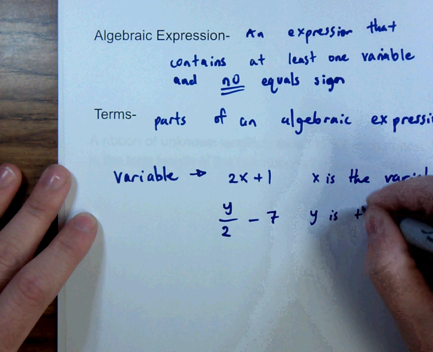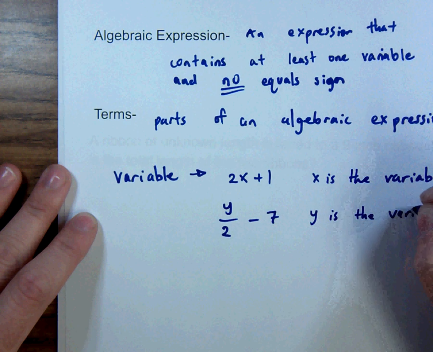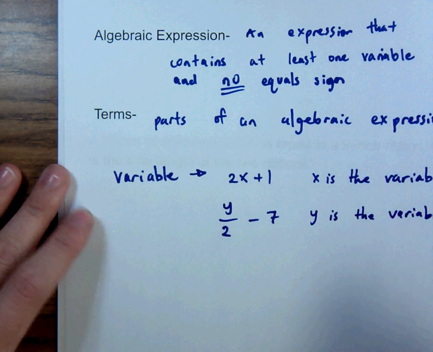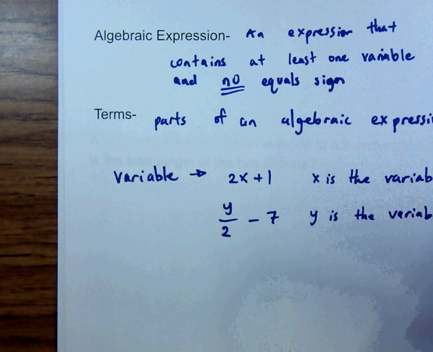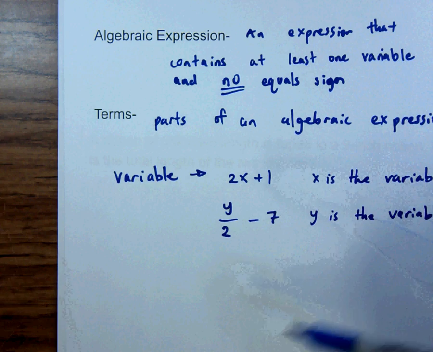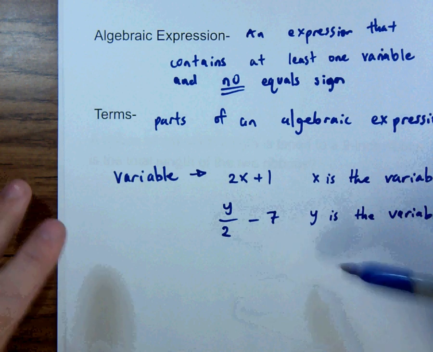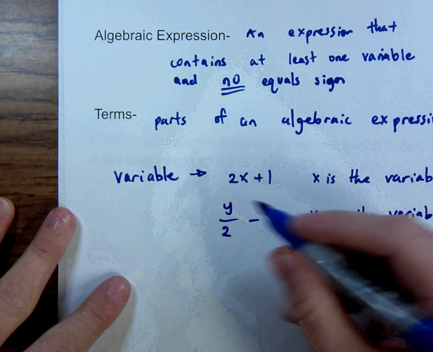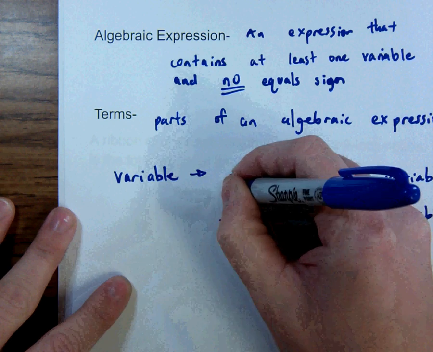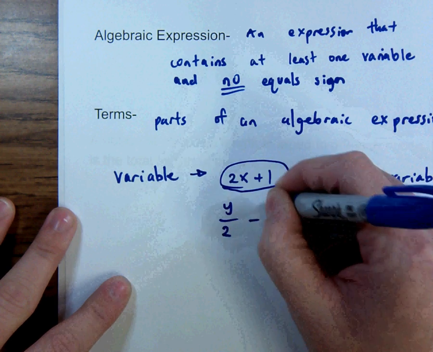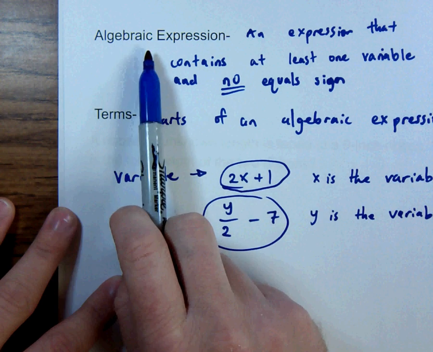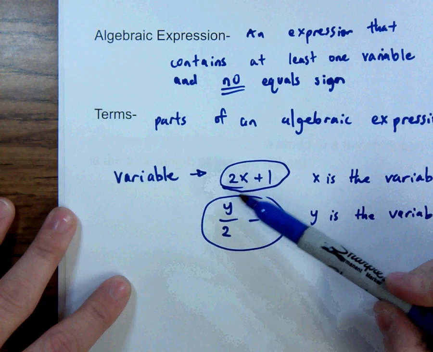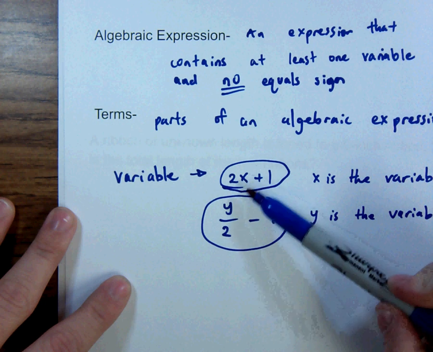Well, now y is the variable. And we could go on and on and on. Technically, any letter you could think of can be a variable, given this context. And in fact, in this context, this and this, those are algebraic expressions, where you have at least one variable and no equal sign.